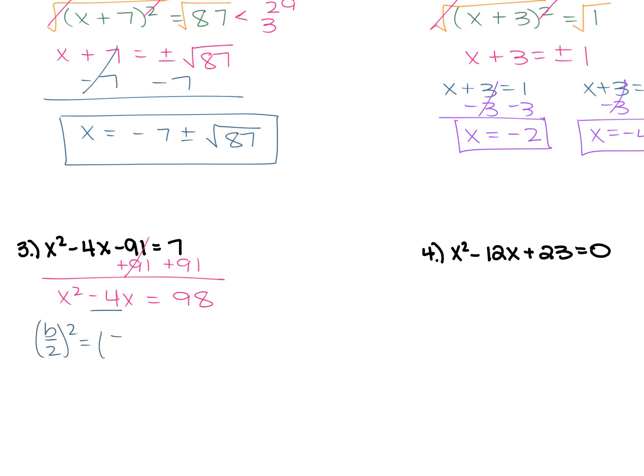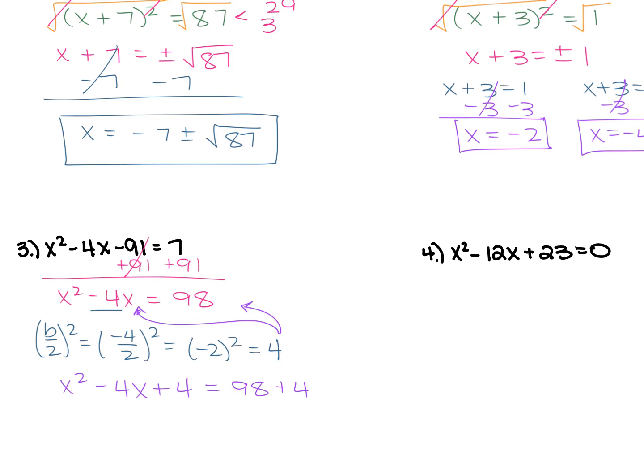That's going to give us -4 over 2 squared, which is -2 squared, and that's 4. We're going to add that 4 to the 98. We're also going to add it to the x squared minus 4x. So that's going to give us x squared minus 4x plus 4 is equal to 98 plus 4.